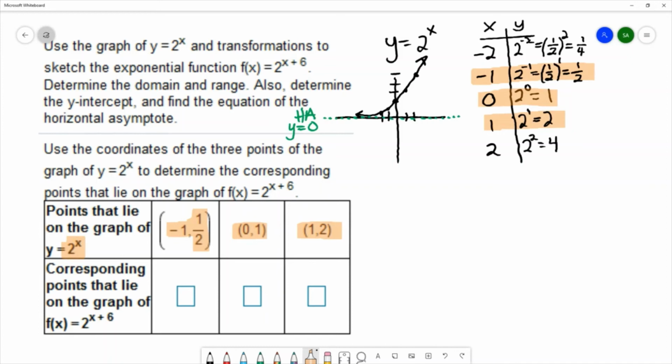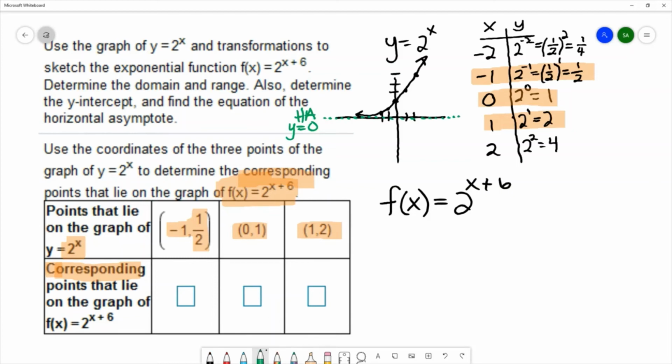We want to find the corresponding points that match for this other equation, f of x equals 2 to the x plus 6. So we now want to know ordered pairs that are on the graph of f of x equals 2 to the x plus 6. We're going to use our knowledge about transformations.